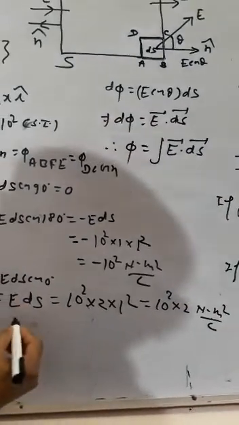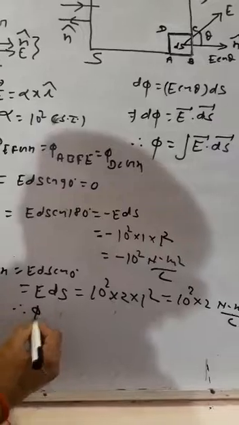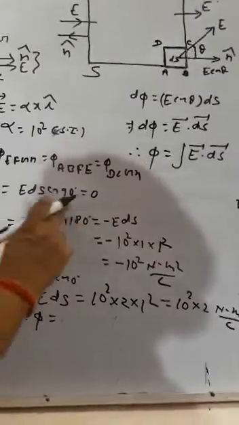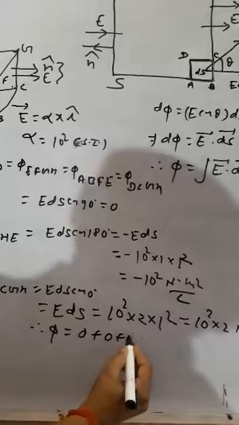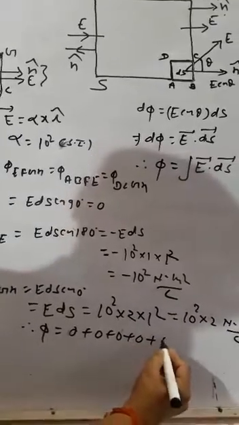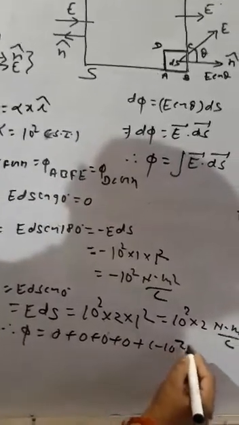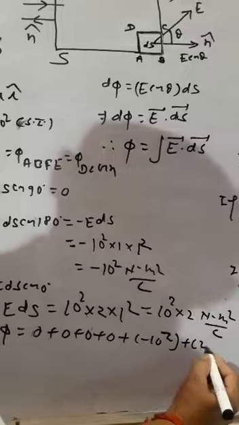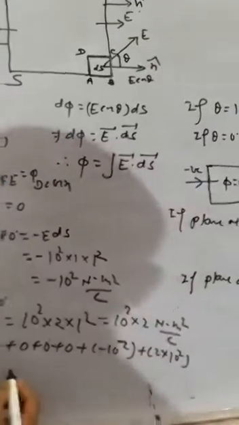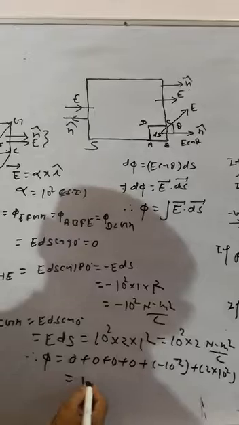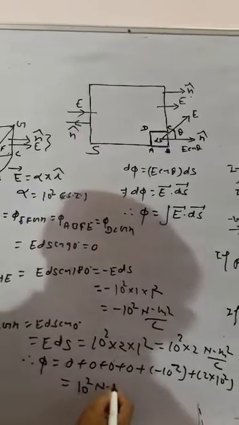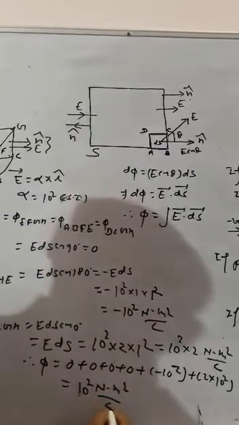Therefore, total flux phi equals 0 plus 0 plus 0 plus 0 plus minus 10 to the power 2 and plus 2 into 10 to the power 2, which is equal to 10 to the power 2 Newton meter square per coulomb.